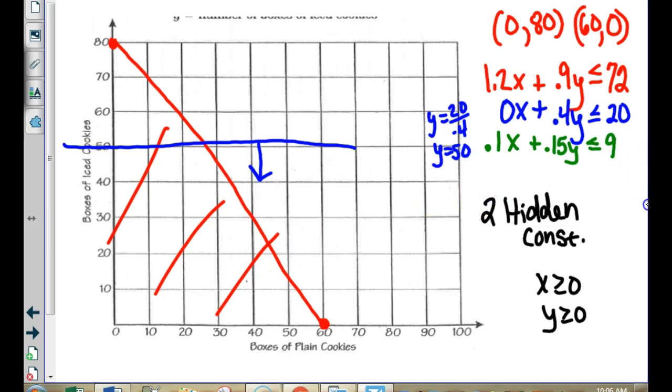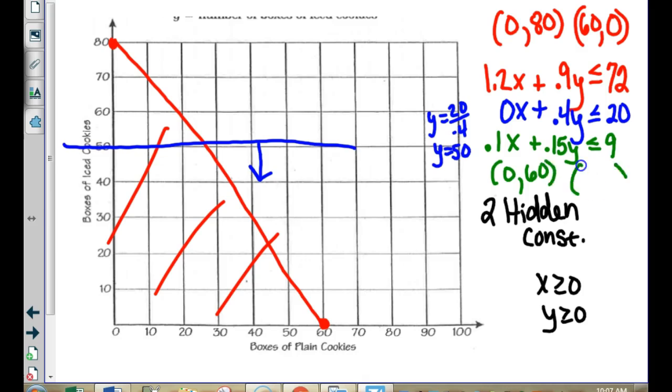All right, and the green line, how are we going to graph that one? You want to do the zeros again? If x equals 0, we'd have 90 divided by 0.15. Help me, 90 divided by 0.15. 9 divided by 0.15. Thank you. 60. Okay.